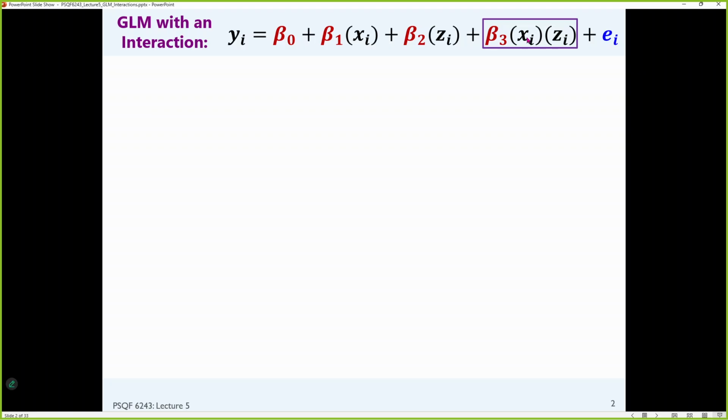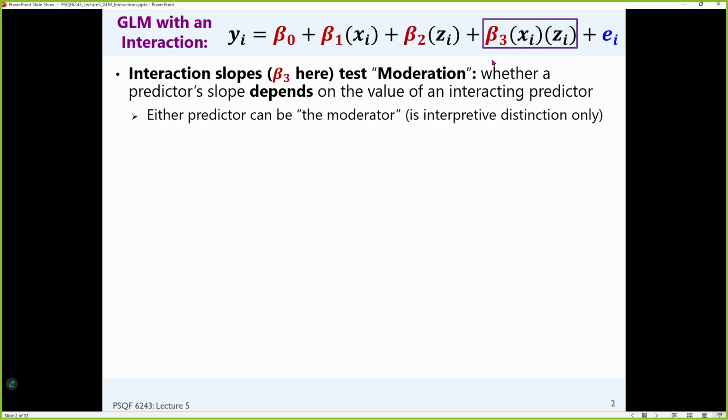In modern software, that step is no longer necessary, and you can fit interaction terms directly into your models without creating them.